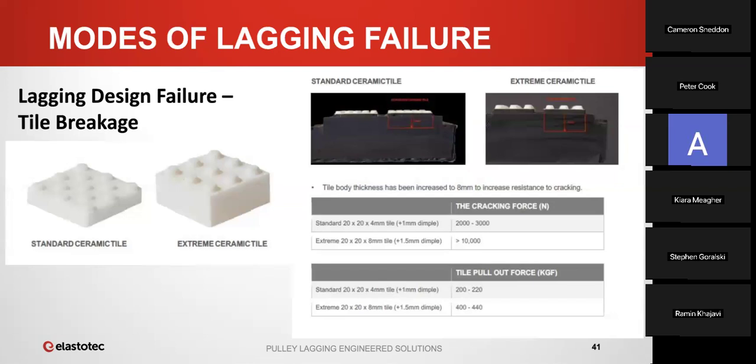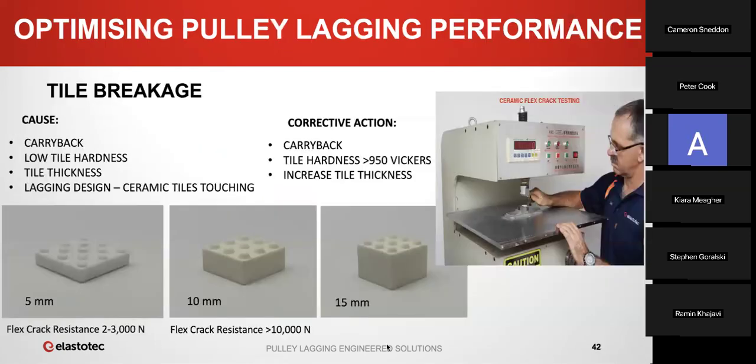So another thing that can help you minimize the chances of tile breakage is the thickness of the tiles. So we look at the cracking force, and we've got two tiles here. This is the 20 by 20 by 5 mil tile. This is a 20 by 20 by 8 mil tile. If we look at the force required to break these tiles, I'll just show you how we do this test.